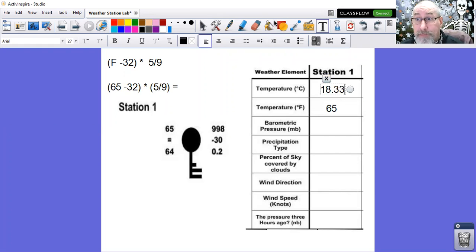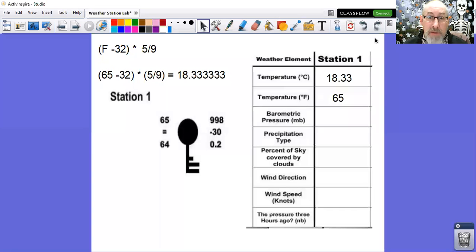There we have it. The magic of editing. So anyway, we put this in our calculator exactly like this, hit enter, and you get 18 point and a whole bunch of threes and then a 4. So we know that's an irrational number. That means it's a repeating, non-terminating decimal. So we're just going to put 18.33 degrees for our Celsius.